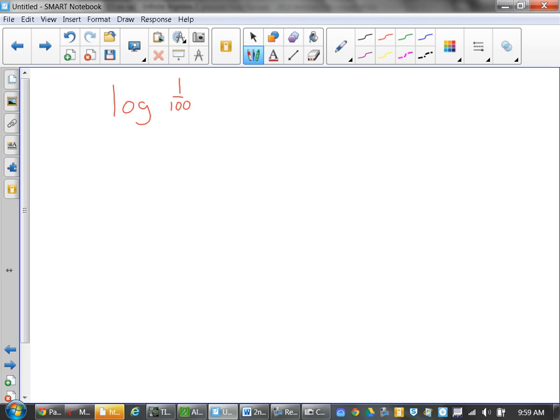What is the standard log base that you never see? 10. So this is basically the same idea as log base 10 of 10 to the negative 2. So your answer is negative 2. Or you can just put it in your calculator and get your answer, because if there's no base shown, it's automatically assumed to be a log base 10.